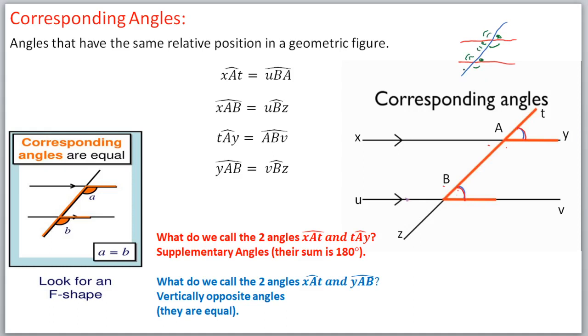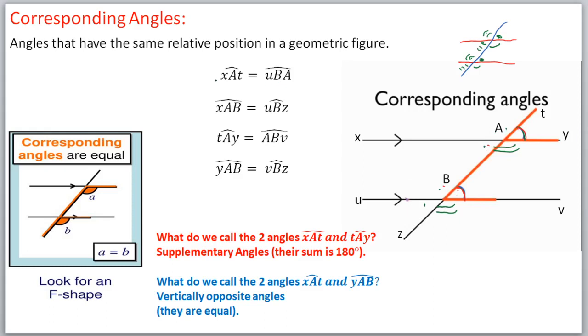This one is equal to that one, also corresponding angles. That means one interior and the other exterior. This angle is equal to this angle, alternate, oh sorry, corresponding. This angle is also equal to the angle that's down here. Also they are called corresponding, and so on. This one is equal to this one, and this one is equal to this one.